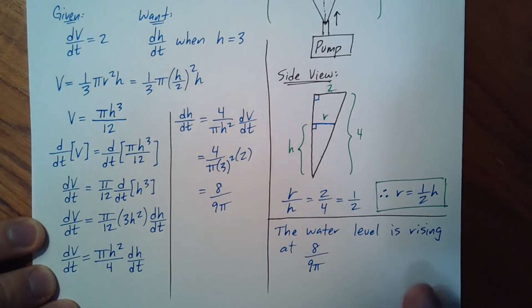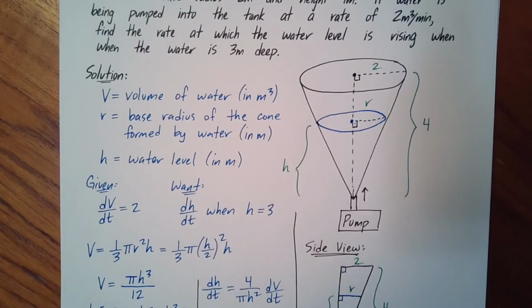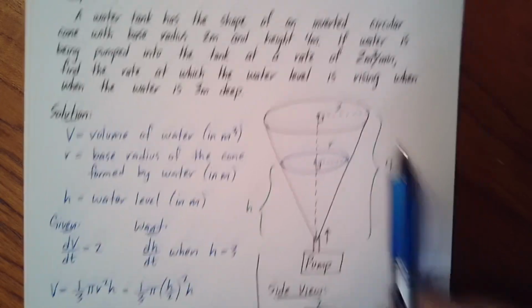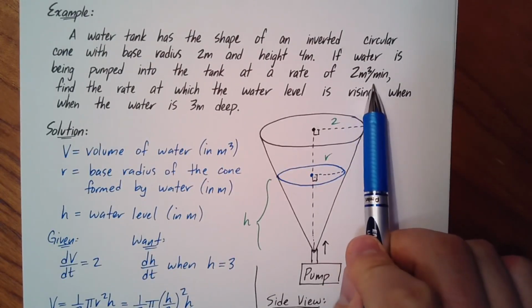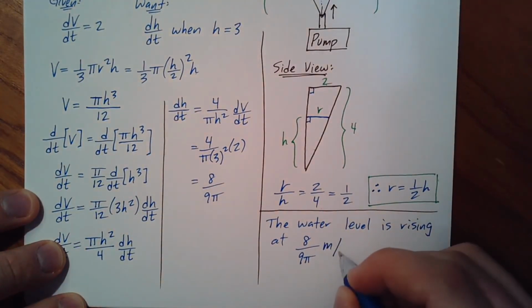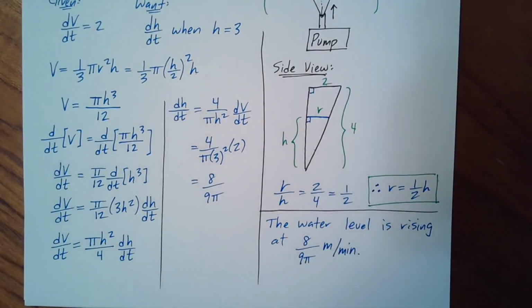Meters per minute, right? Because the water level, h, that was measured in meters, and our unit of time was minutes. And that was given to us at this stage. The time is measured in minutes, so we have meters per minute. And that is our answer.